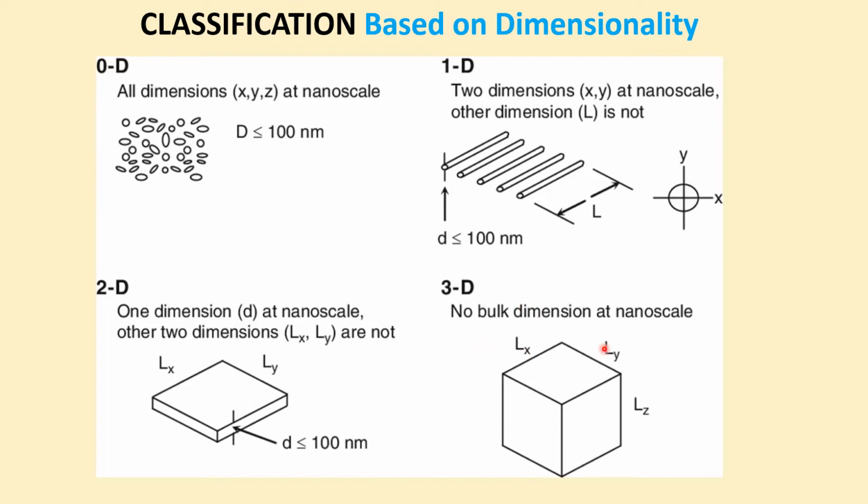And 3 dimension material means none of the dimensions is at nanoscale, and electron can move freely in this 3D structure. So 3D nanomaterials are made from these 0, 1 or 2 dimension nanomaterials.